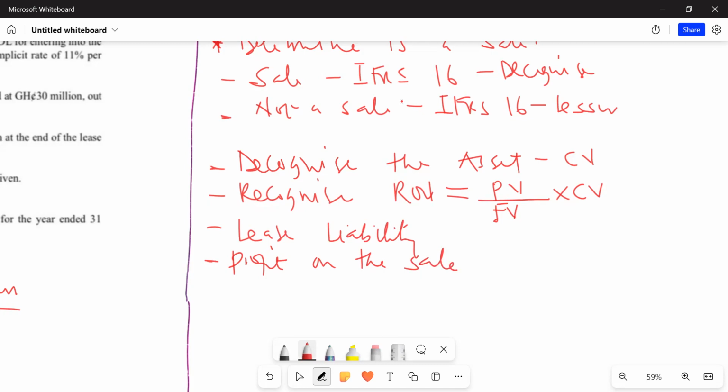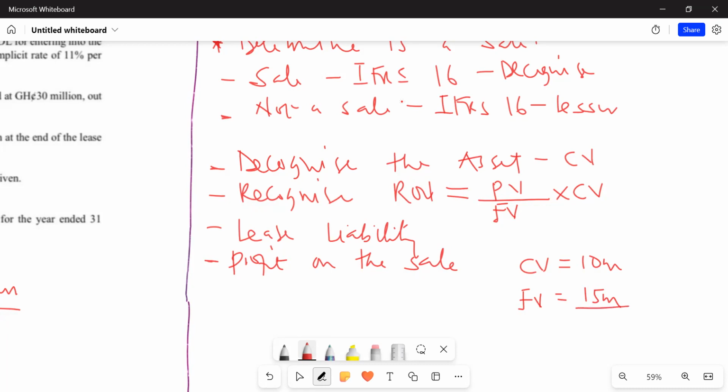Let's take some assumed figures. Let's say that the carrying value of the asset was 10 million. The asset was sold for 15 million. Okay. What will be the profit on the sale?